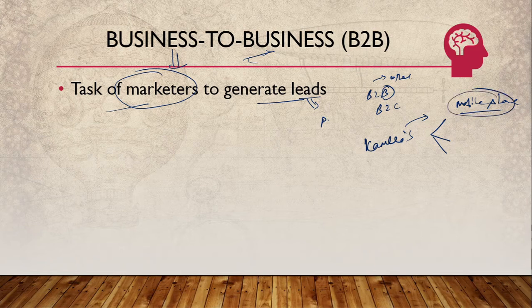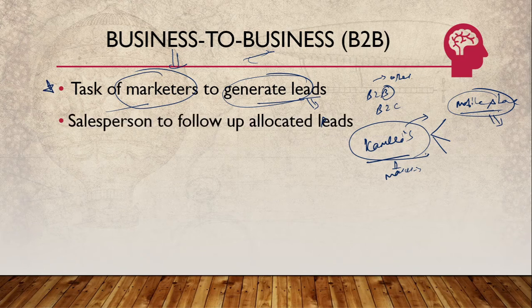So the primary job of my marketing department is to approach these mobile phone companies so that they can sell my cameras to them, and so that they can embed these cameras in their mobile phones. So these mobile phone manufacturers are the possible leads to my company to sell these cameras. So this is how you sell your products to another business. This is one type of customer acquisition, one approach you can use.